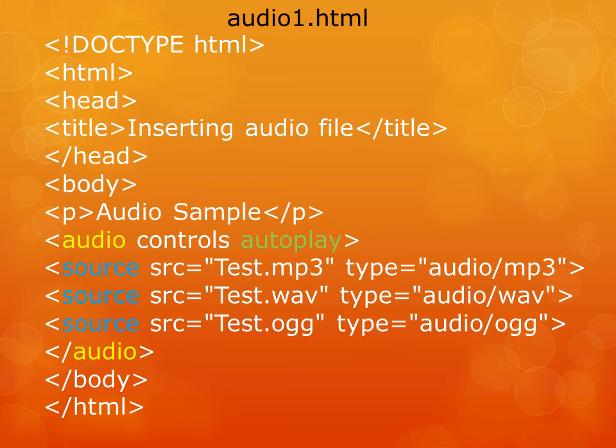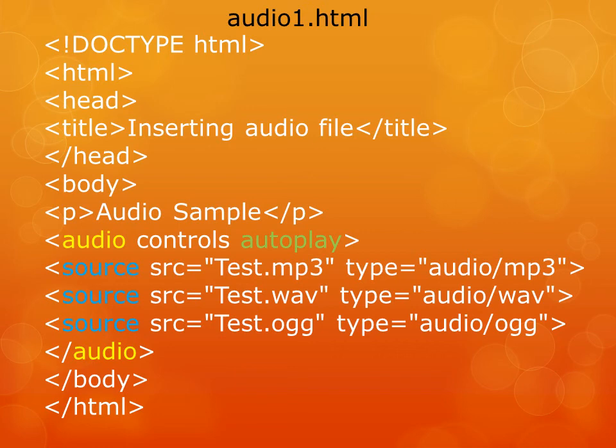In that source, write src with the first source file having a different extension, that is mp3. Then the second is .wav and then .ogg. So these are the different files.